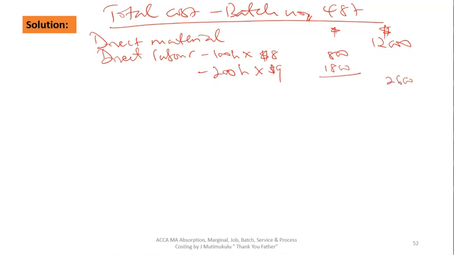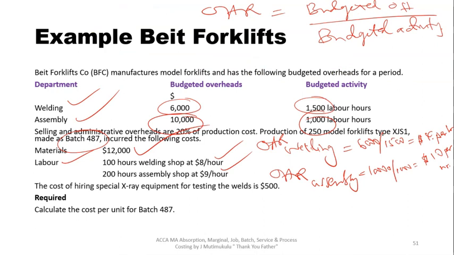We then have to include any other expenses which were there. We are told that there was a cost of hiring a special X-ray equipment of 500. So this special X-ray equipment is actually a direct expense. All right, it is almost like an expense, but it is actually necessary for the production of this.